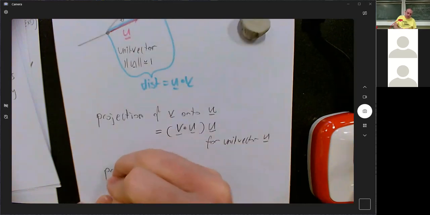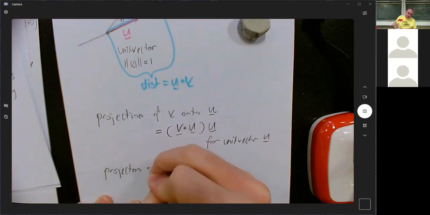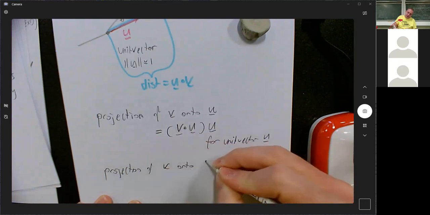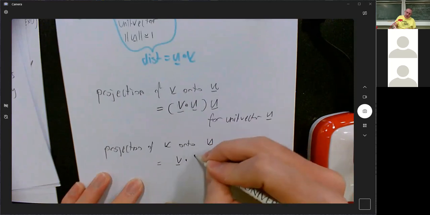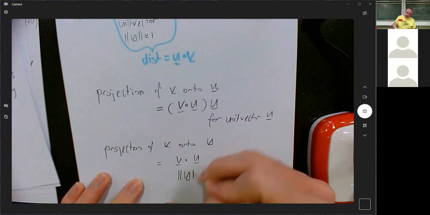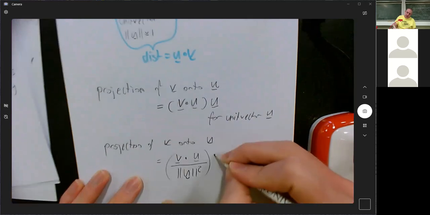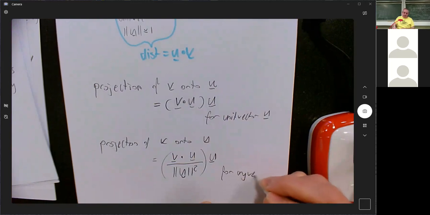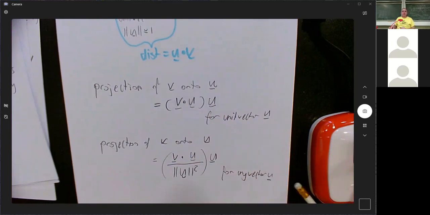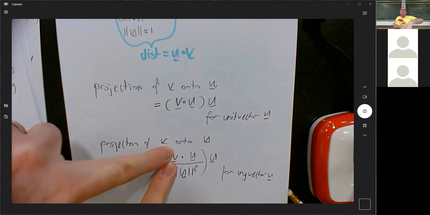So the projection of v onto u is v dot u divided by the length of u squared, times u, for any vector. So it was designed first for unit vectors, and then this will adjust it to work for any vector at all. Just note that all of the vectors in this calculation are u except that one.